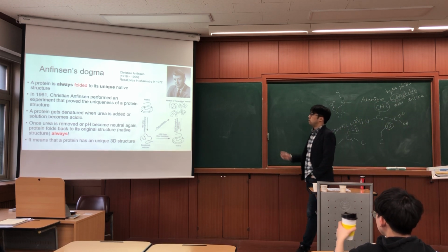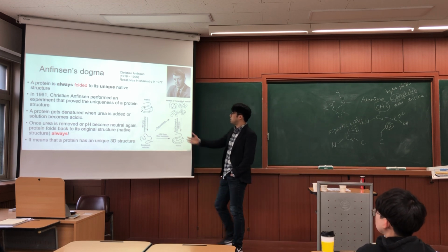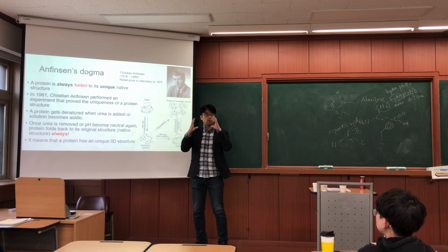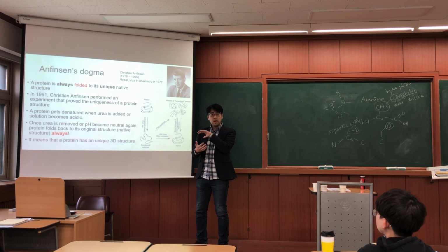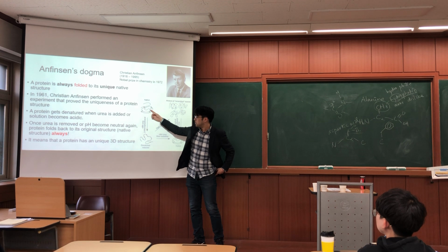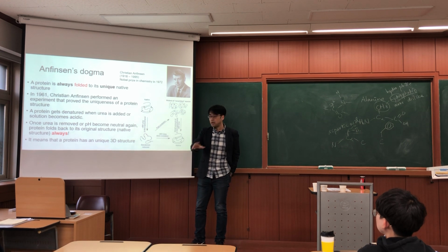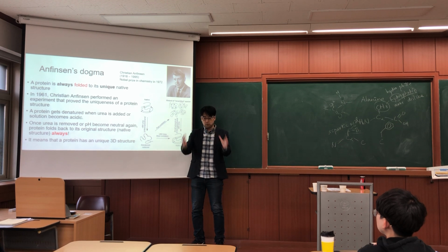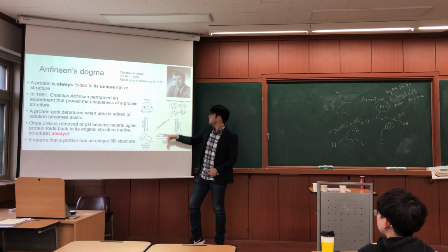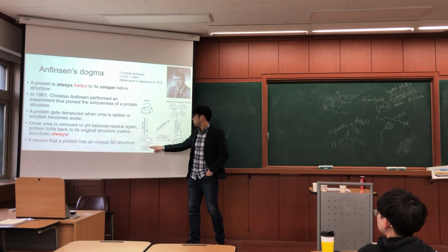What Anfinsen's dogma means is this. We know that proteins form a stable structure, right? But people also found that if we add urea or some denaturant, or make the solution acidic, then proteins get unfolded, denatured.